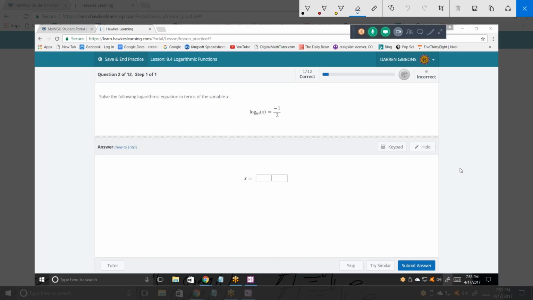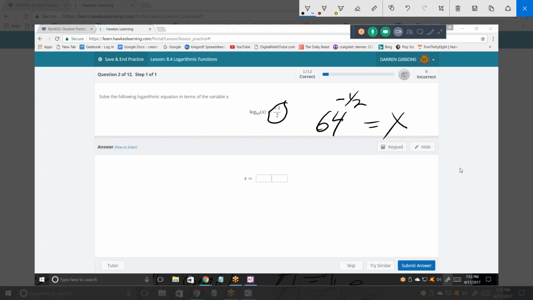Start with the number on the far left. So 64, raised to the power of minus 1/2 equals x, the argument.